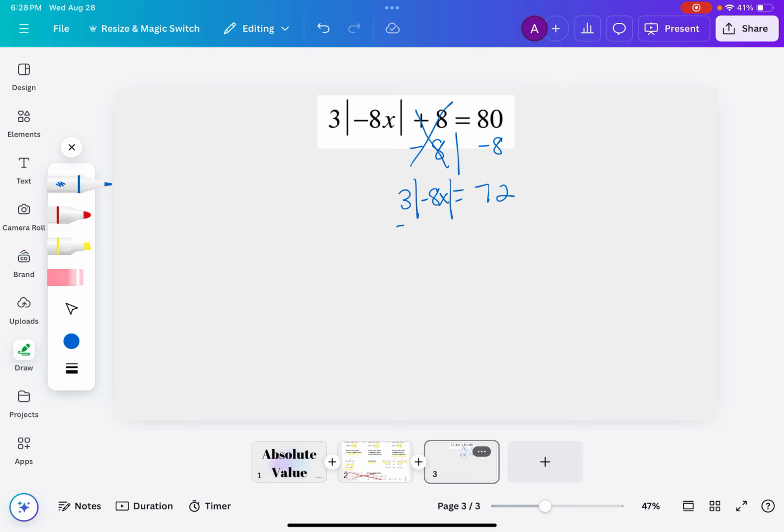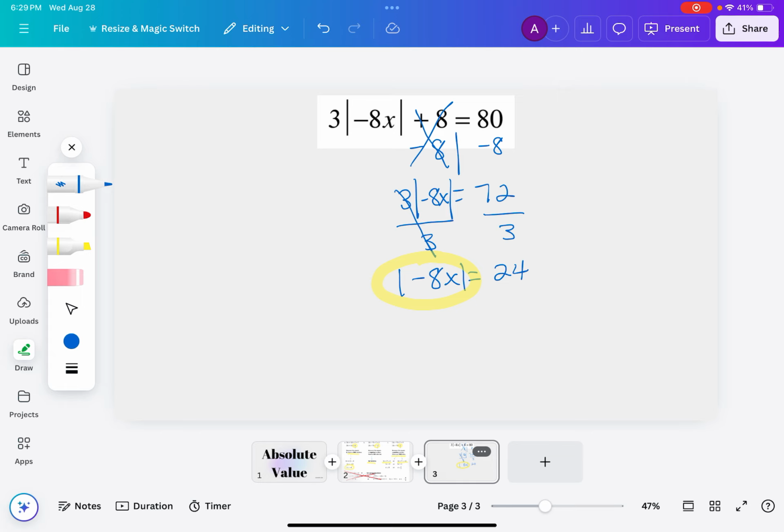Next, we're going to divide by 3 on both sides. These cancel out. 72 divided by 3 is 24. I forgot my absolute values. Okay, so now that we have the absolute value part by itself, this negative 8x, now we can go ahead and set up our two equations.